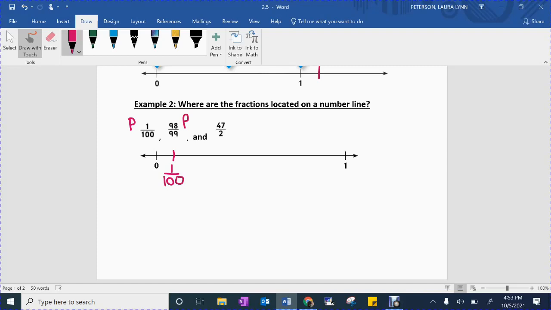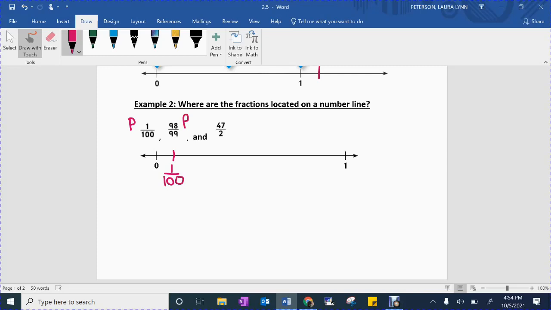Now let's decide where it should go on our number line. Well, it's proper, meaning it's smaller than the 1, so it has to be to the left of the 1. But where? Well, we know that 98 is smaller than 99, but it's not really super small compared to 99. It's pretty big.